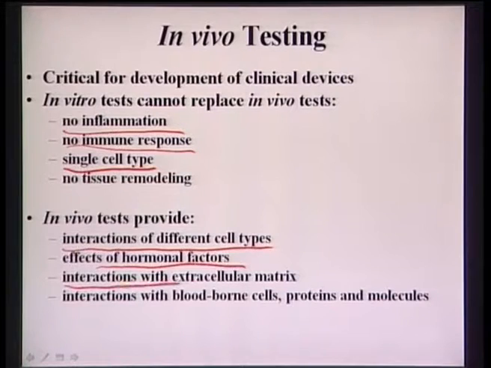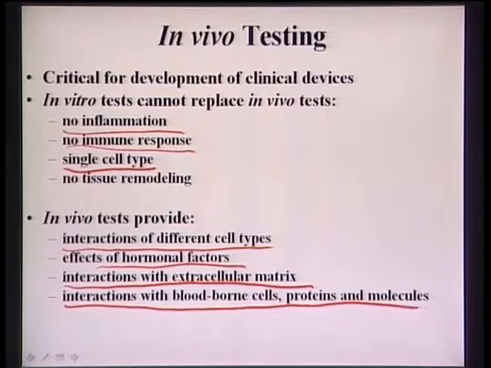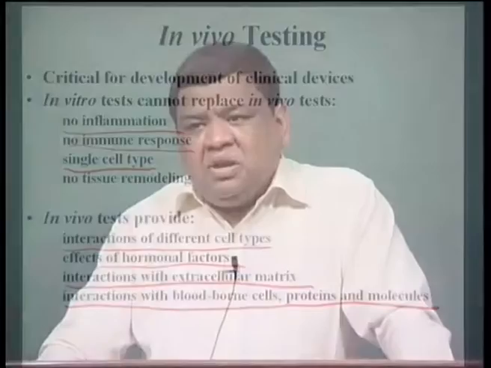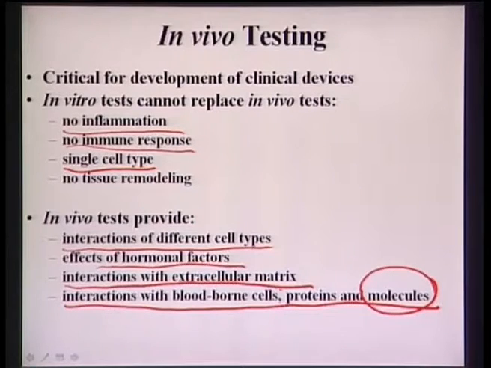Interactions with extracellular matrix, that is also an important thing. Interactions with blood-borne cells, proteins and molecules. Although you use some serum protein or other kinds of proteins in the in vitro test, the number of proteins that the biomaterial is exposed to in an in vitro test is limited, and the biomaterial will also come in contact with different biological molecules.